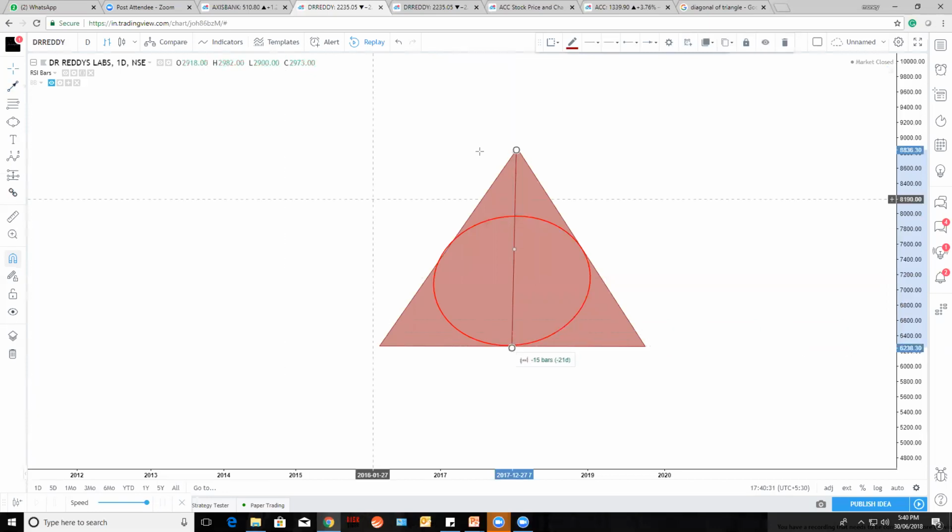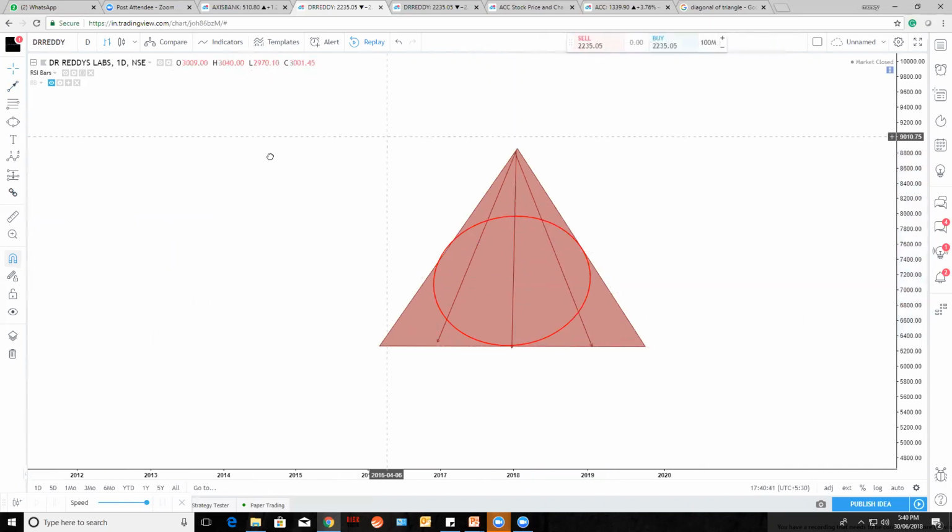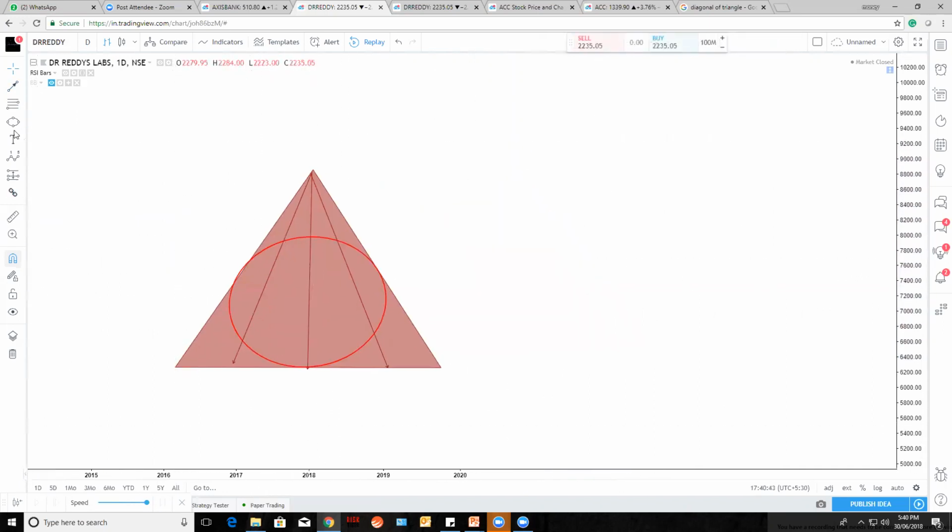Imagine this structure is in 3D, in the third dimension. Wherever there is a piece of this, it will be considered a diagonal. I hope it's clear.